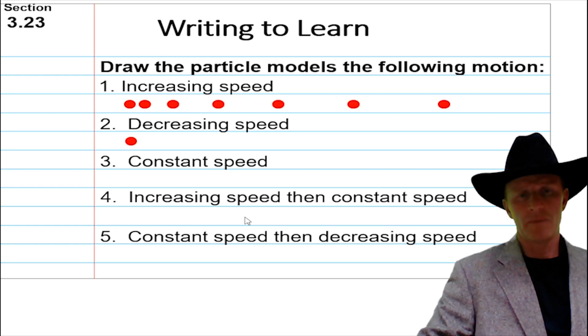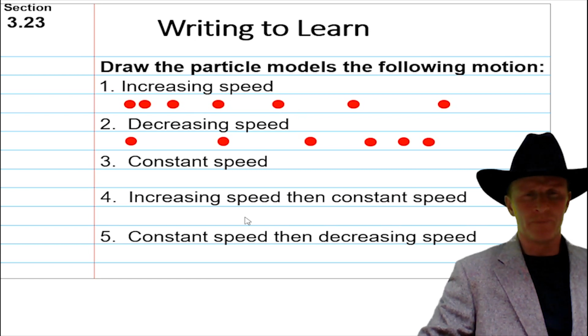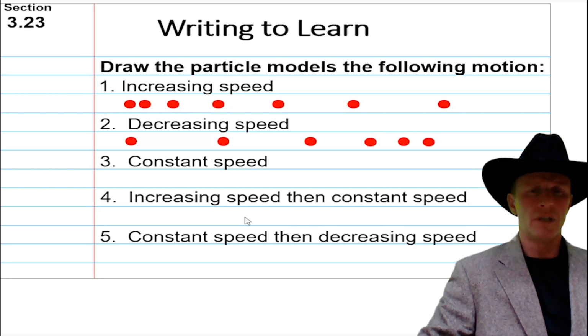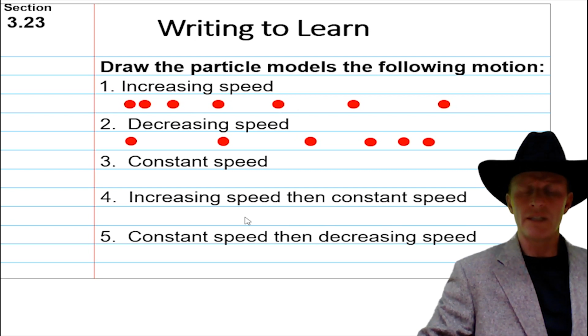And decreasing speed means they're far apart at the beginning and that spacing gets a little closer together. Those two examples are examples of big box problems. So if you're a dot person and you like to draw dots when you're reading a problem to model it, when the spacing changes between the dots, that's a big box.